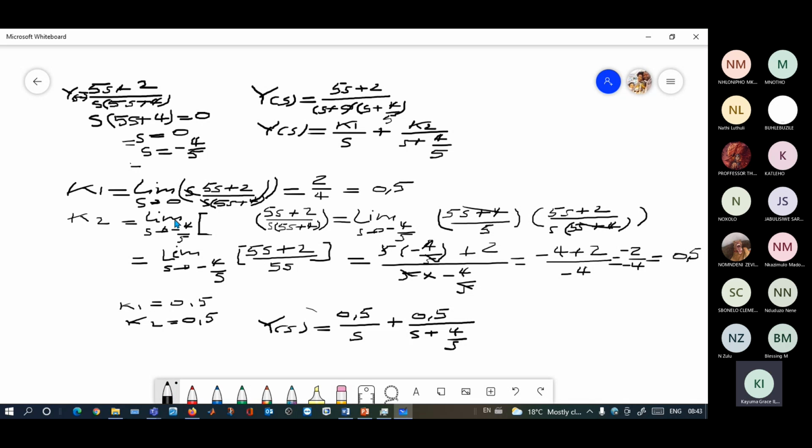Okay, so let's say this one is P1 and this one is P2. Okay, so we have this minus 4 over 5, and this is 0. So that's why here now we're going to use P2. So we know that the factor that is under K2 is S plus 4 over 5, which is S plus P2.